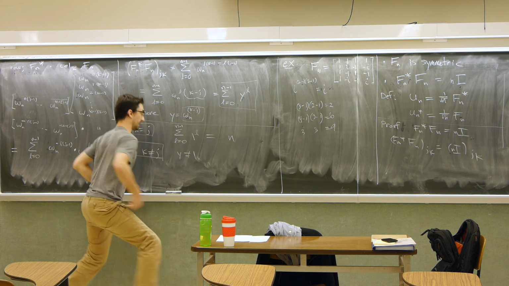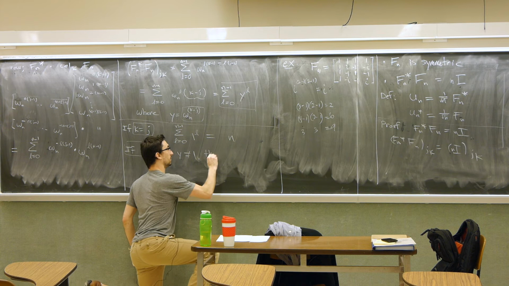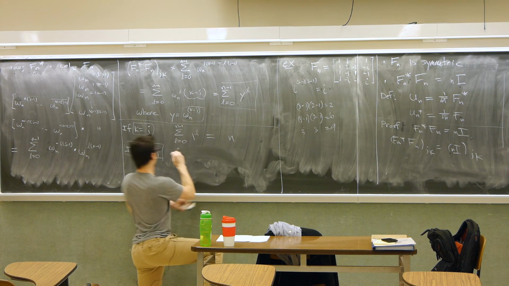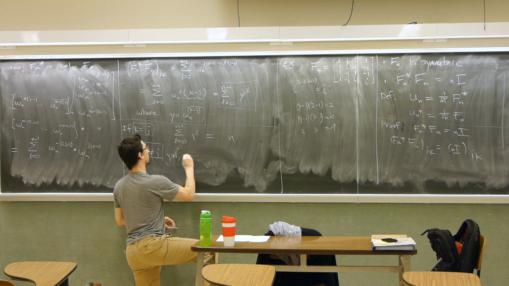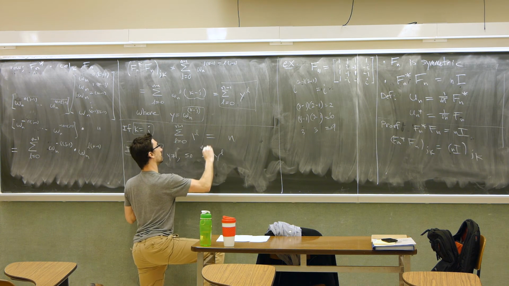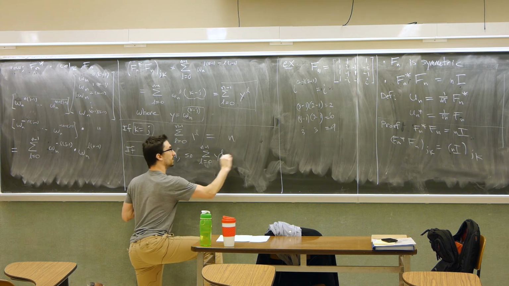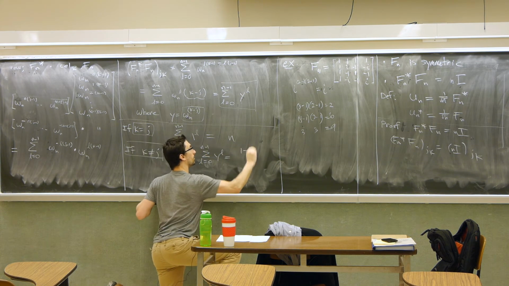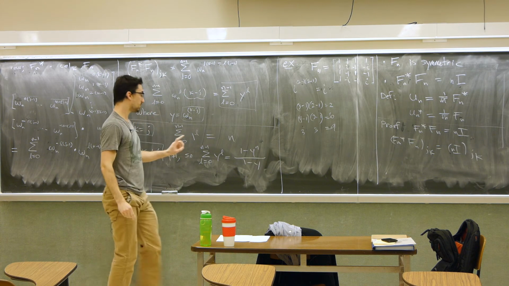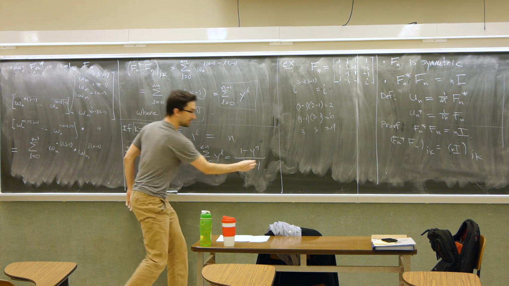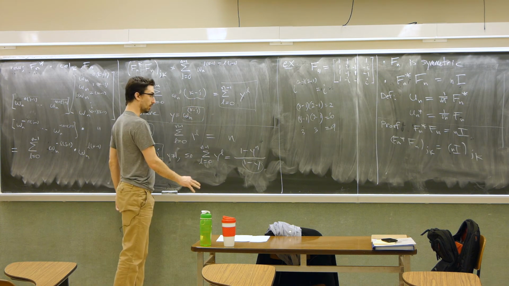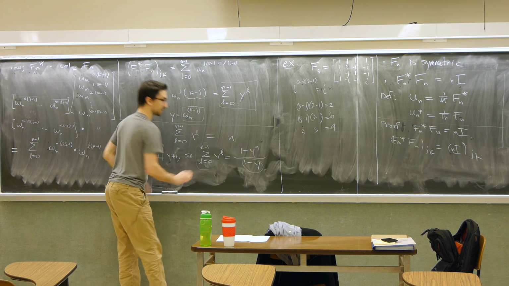So we can use the fact that the summation from L equals 0 to n minus 1 is equal to 1 minus y to the n over 1 minus y. Since 1 is not equal to y, this is not 0, and so this expression is well defined. And so we know that this expression holds.